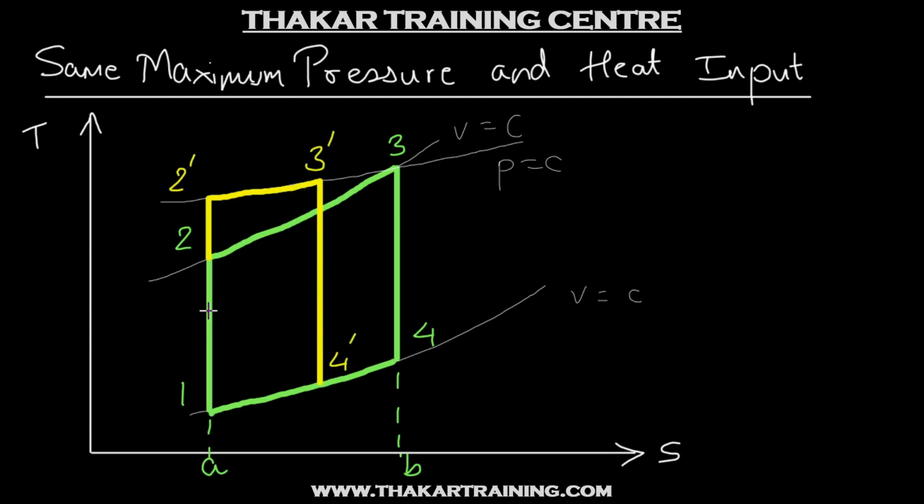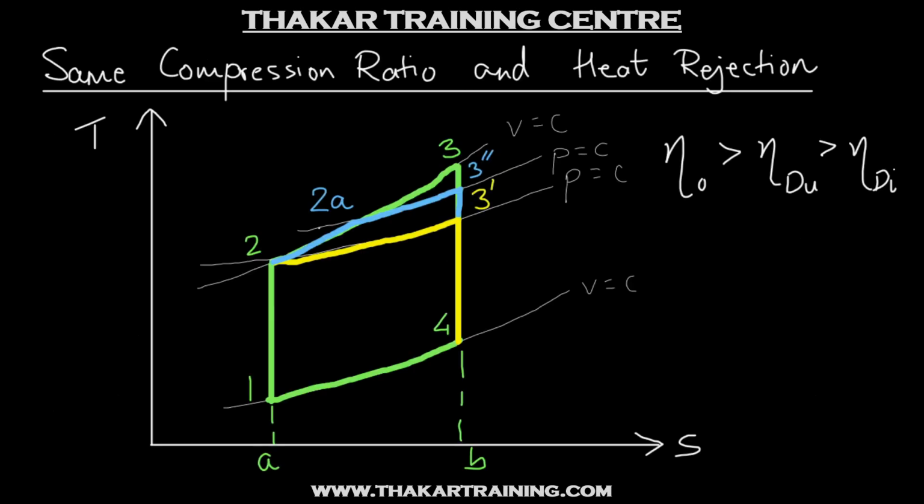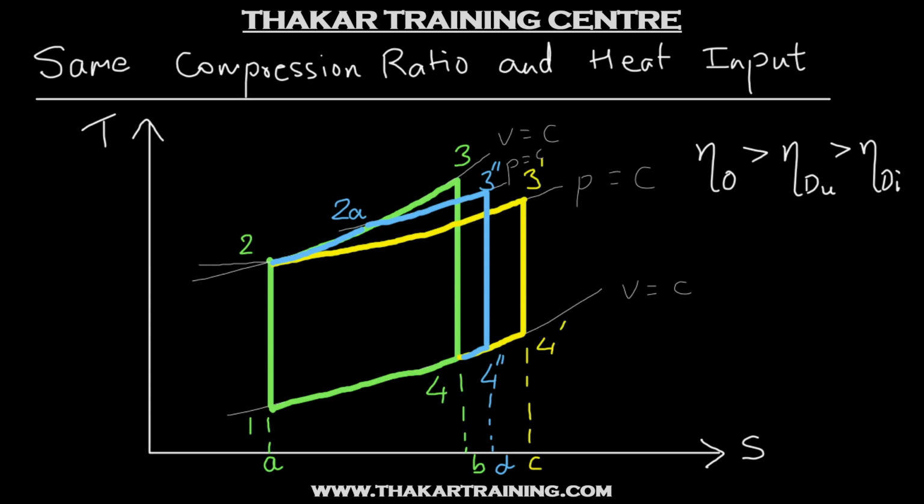So that the area A23B and, let's suppose this is point C, area A2-3-C, these two areas are made the same. Basically what happened is point 2 went above for diesel cycle and we want the same heat input. So point 3 had to shift to the left. It had to shift to the left. Alright. In the first case, what happened was, what did we have in the first case?